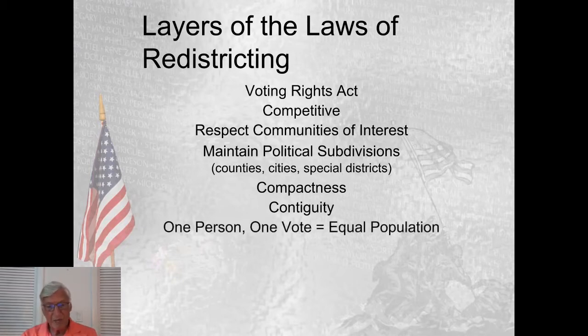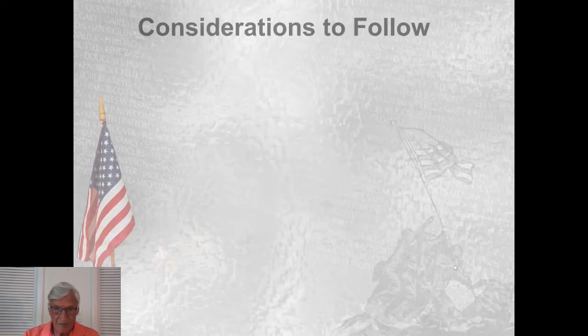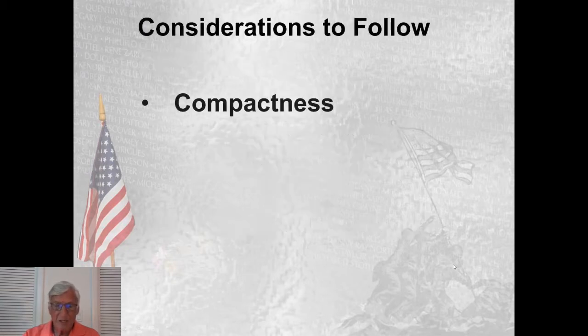Now, the fundamental rule enforced or reinforced by the Supreme Court is one person, one vote, equal population to the extent that is possible or practicable. Considerations. Compactness should be a very important one. The less distance there is from one part of the district to the other, the better it is.